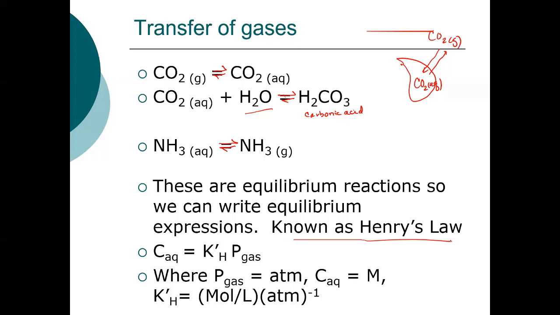One of the things you need to be very careful with, Henry's constants, are the units. This is really an empirical expression. You can have units of Henry's constants in atmospheres per inverse mole per liter.